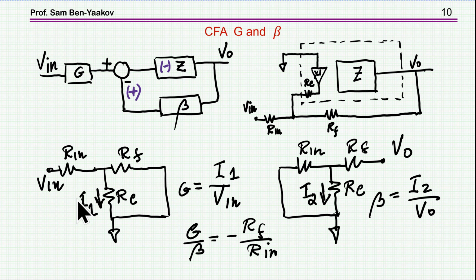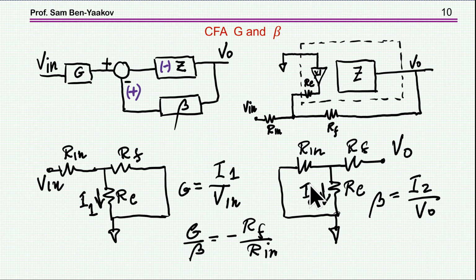Now, in order to get the transfer function, we have to find G and beta. Again, G will be the transfer function between V in and RE here, and beta will be between the output voltage and RE here. Now we can derive this transfer function, and I'm not going to do it in a formal way because it just takes a lot of derivation.